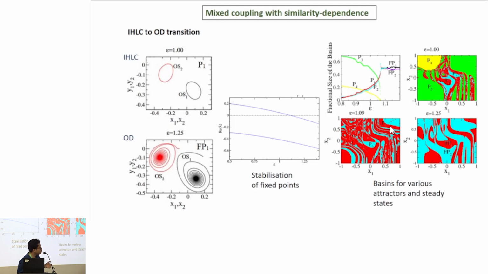This is shown through the eigenvalues also, using the very widely used stabilization technique. Here we can see after the threshold value, the real parts of all the eigenvalues are negative. Similarly, the basins for these attractors and fixed points are shown in this figure, and they are marked accordingly.